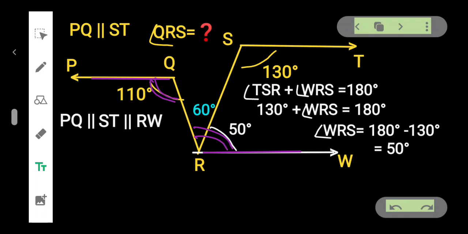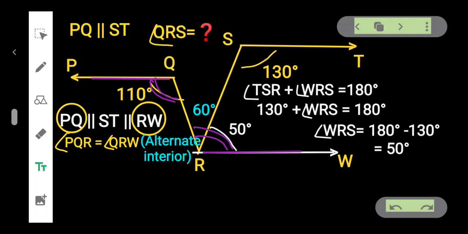But for a 2 or 3 marks question, we must write step by step. Let PQR be equal to QRW. This is angle PQR, angle QRW. Take the sign of angle because lines are parallel and these are alternate interior angles. PQR is given 110 and QRW can be written as QRS, which we have to find, plus SRW.